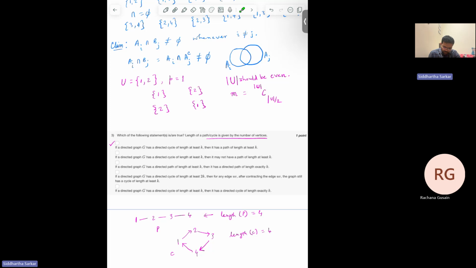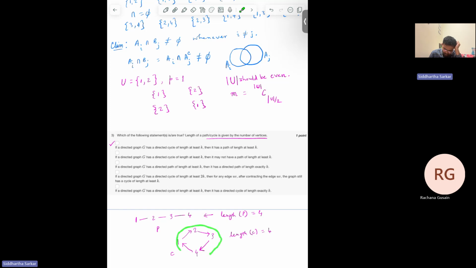So now we have a directed cycle of length 4. So it's clear that if we disregard the last directed edge, that is the directed edge which is incoming to the source, let us say 1, then we will definitely have a path that uses 4 vertices.